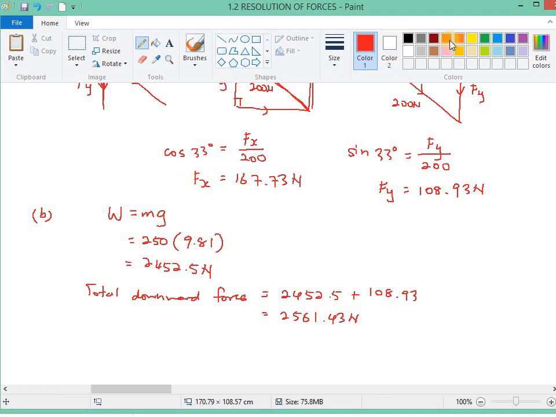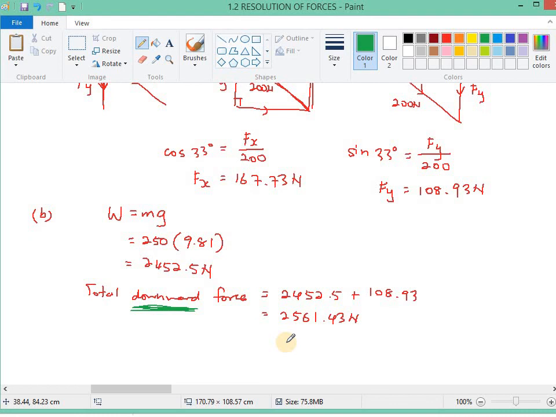Because here you already say that this is a downward force. The total downward force in the name already says that it is downward. If you put negative, then it will be incorrect, because you already say this is downward force, but you put negative, so that means it will be the opposite of downward. That means upwards.